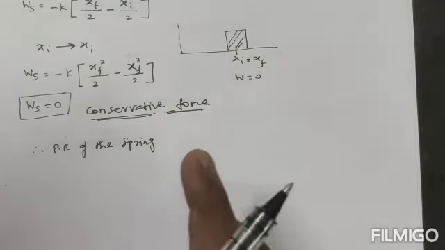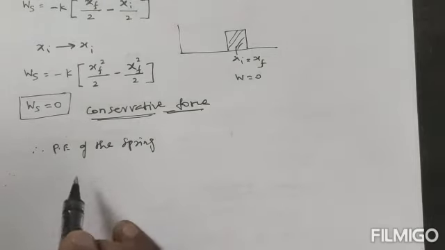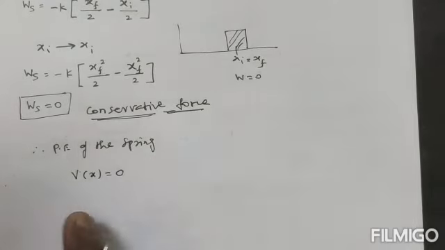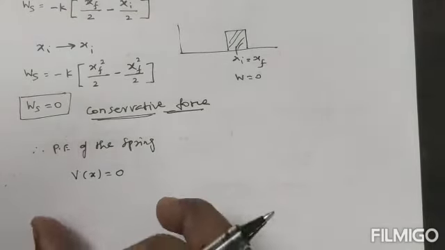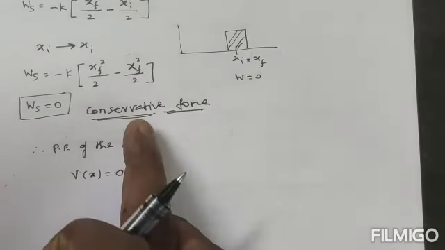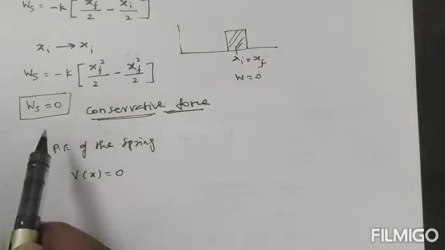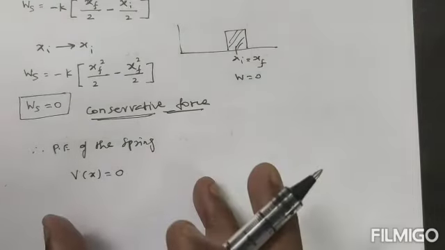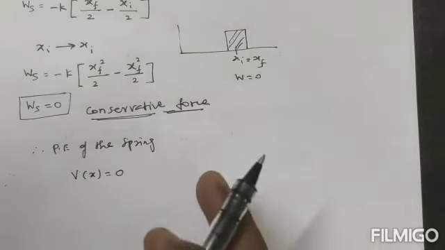Therefore the potential energy of the spring is V of x equal to 0, because the work done and the potential will both be the same. In a conservative system the work done is 0, so the potential is also 0.